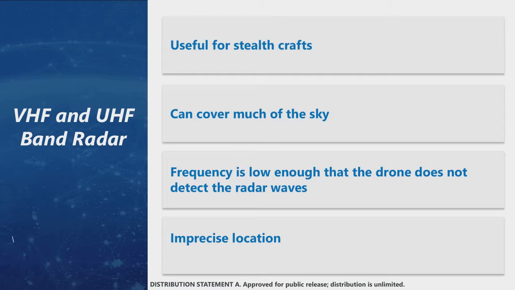So if there is something built into the drone to detect that it is being detected, VHF and UHF band radar is a way of getting around that. The big limitation is that it will not necessarily give you a precise location, and the precision of the location varies by system.